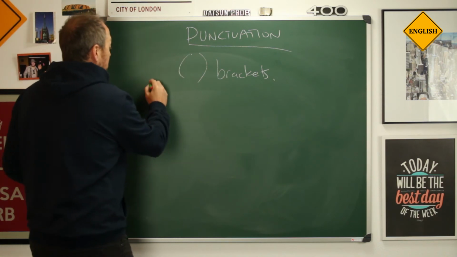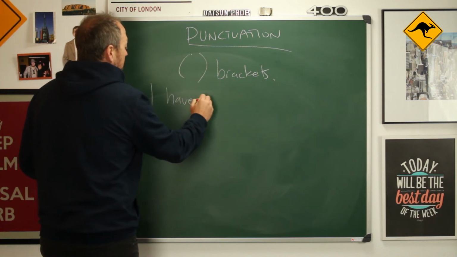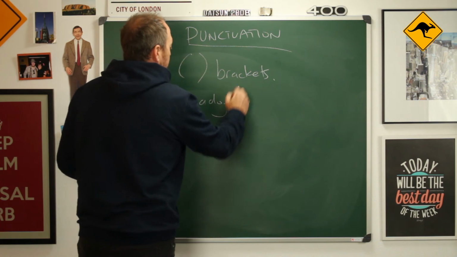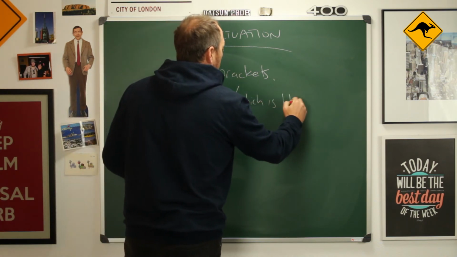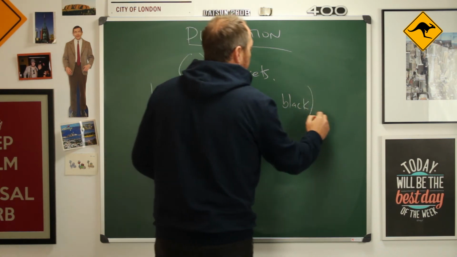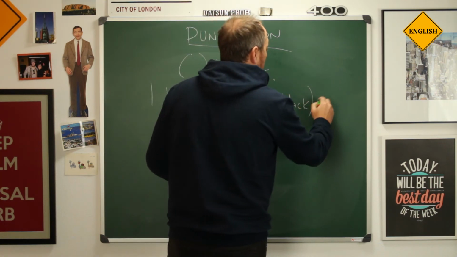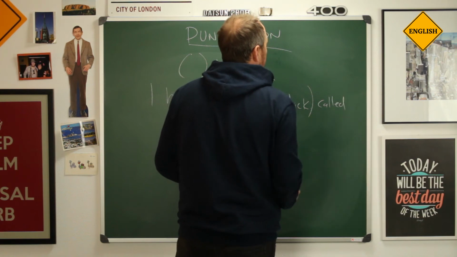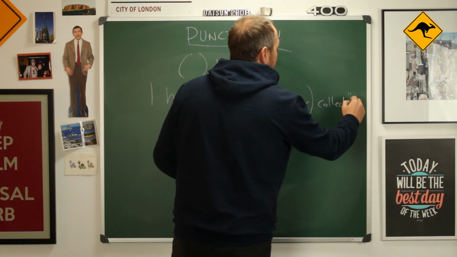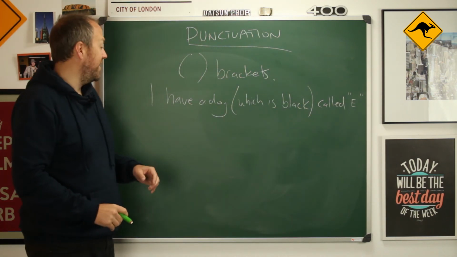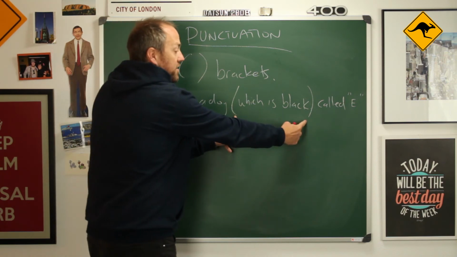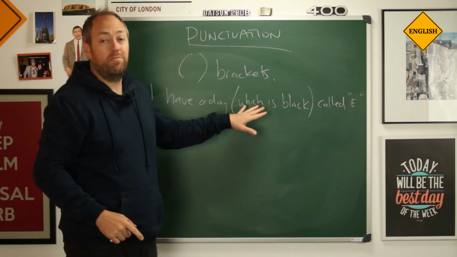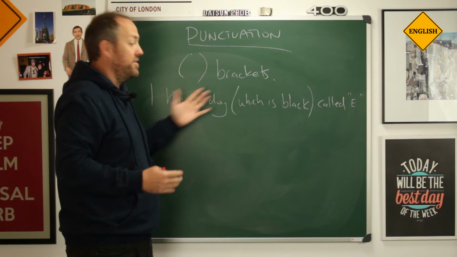Like, for example, you could say, I have a dog (which is black) called, I don't know, called E. Okay, so I have a dog, which is black, called E. So this part here in the brackets, the which is black, is not essential to understand the sentence.